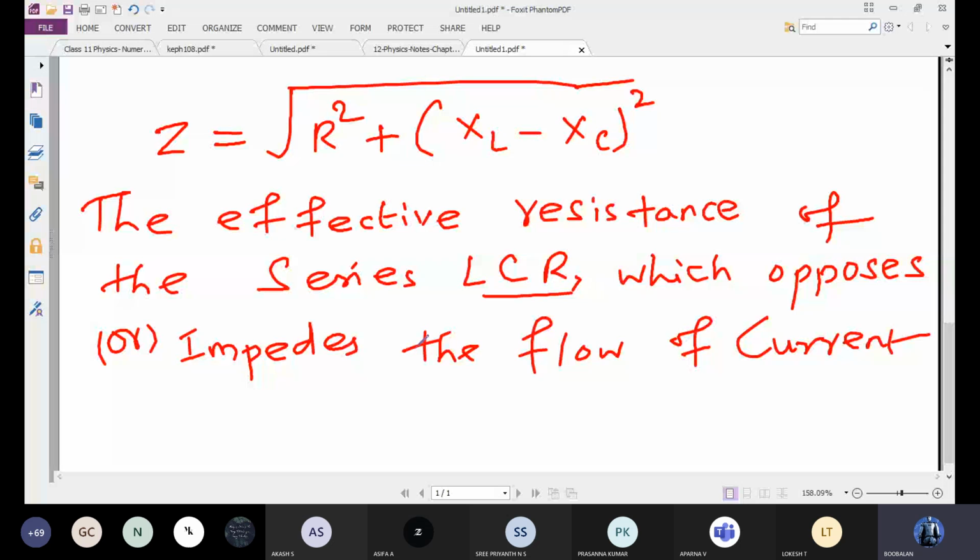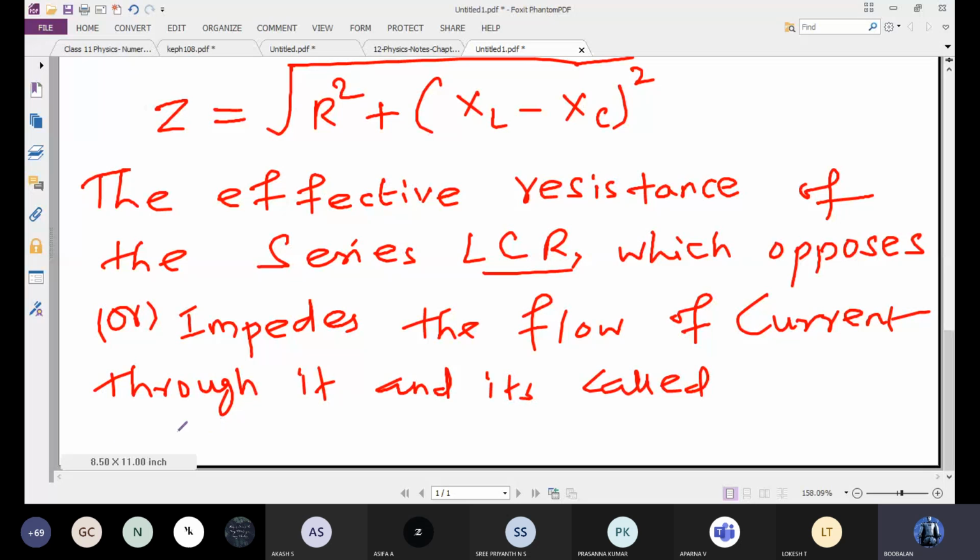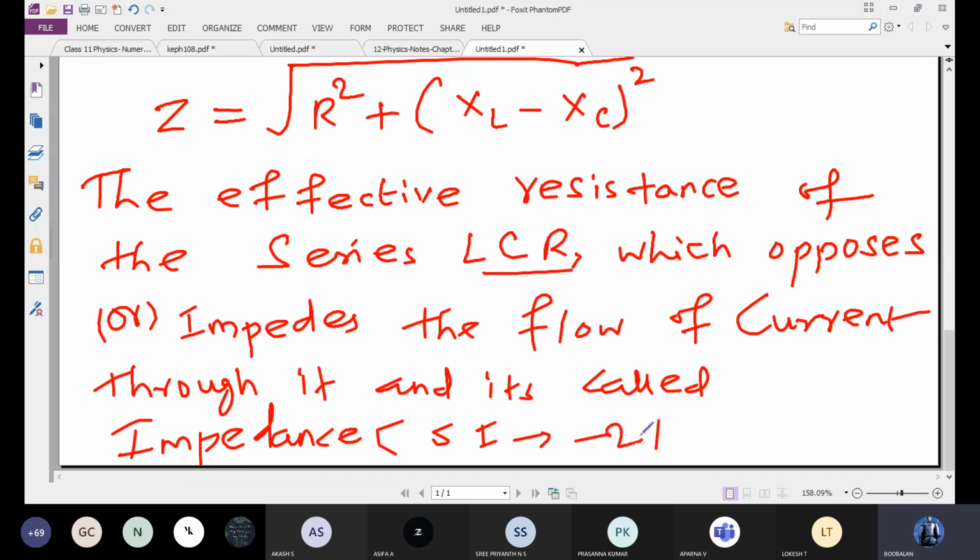Now one more question, please note it. It is called impedance only, and its SI unit is ohm, like a resistance. Please take notes.